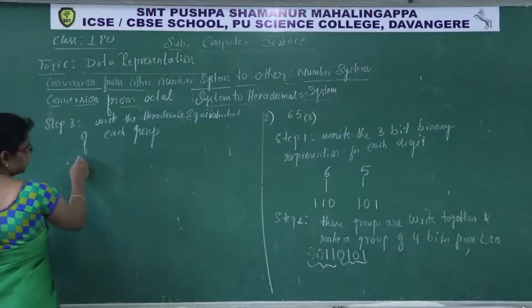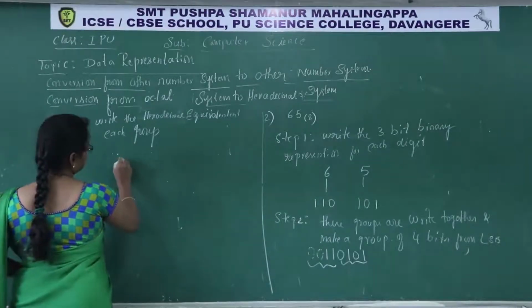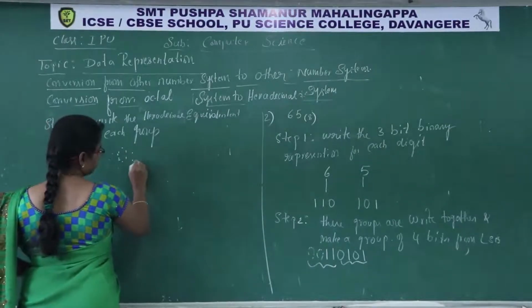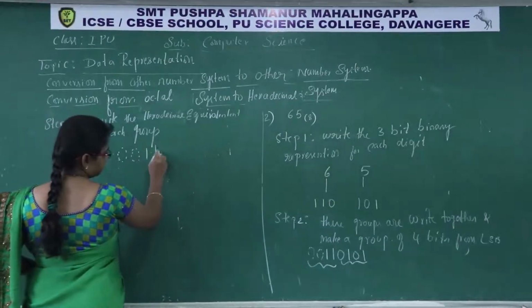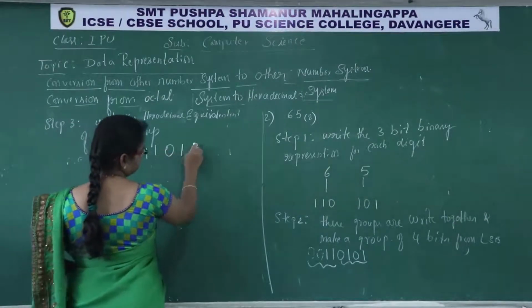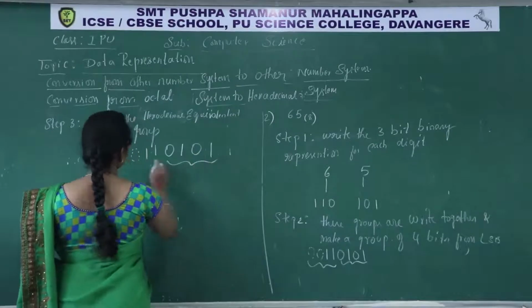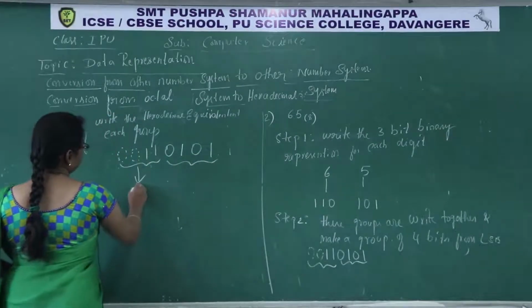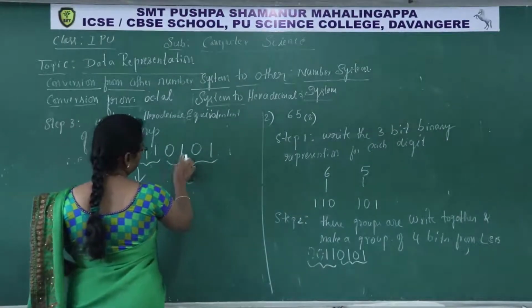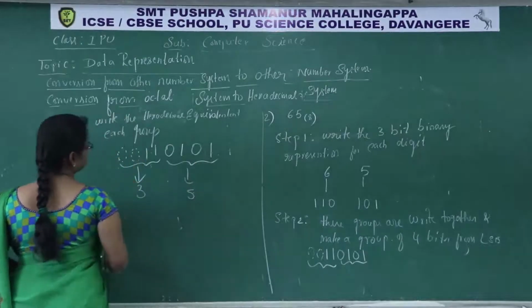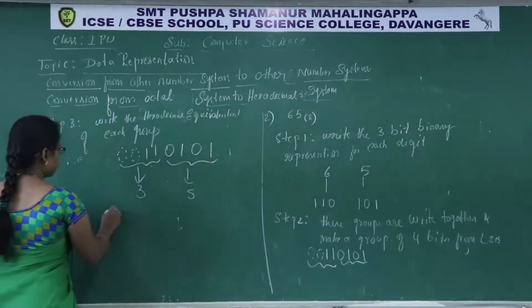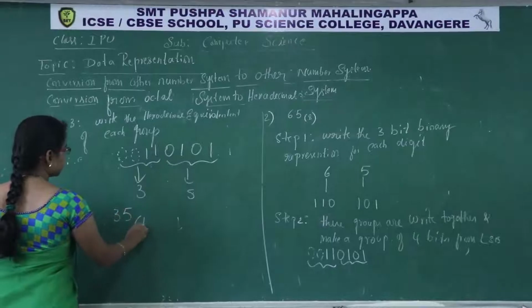That is 3, and 4 plus 1, 5. Then it becomes 35 base 16.